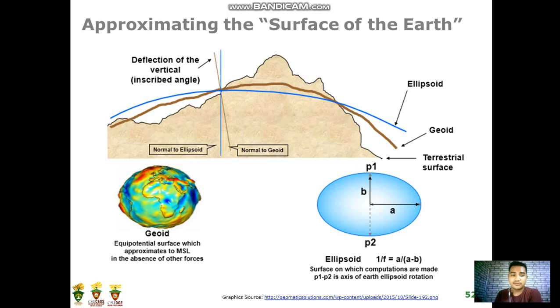And we have also normal to the ellipsoid. So at that point, 90 degrees with respect to the surface of the ellipsoid. And that angle, kanang angle nga na-create between normal to the geoid and normal to the ellipsoid is what we call the deflection of the vertical.